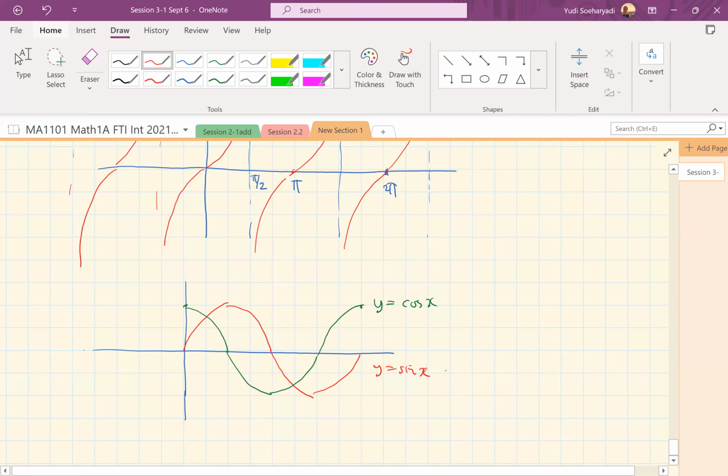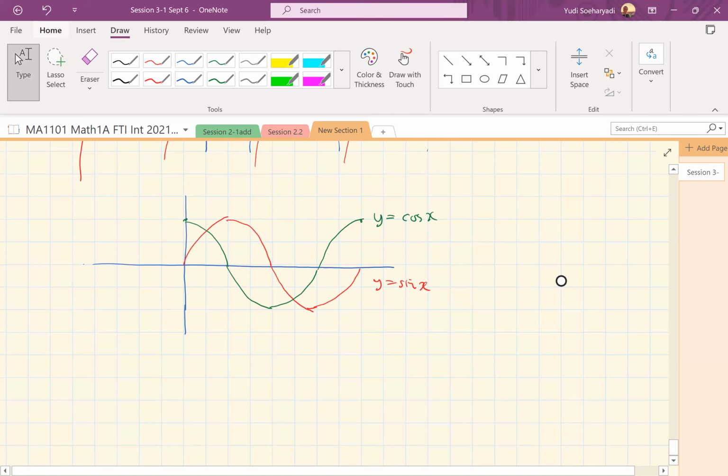So the question is, how do you get the red one from the green one? Just doing transformations.